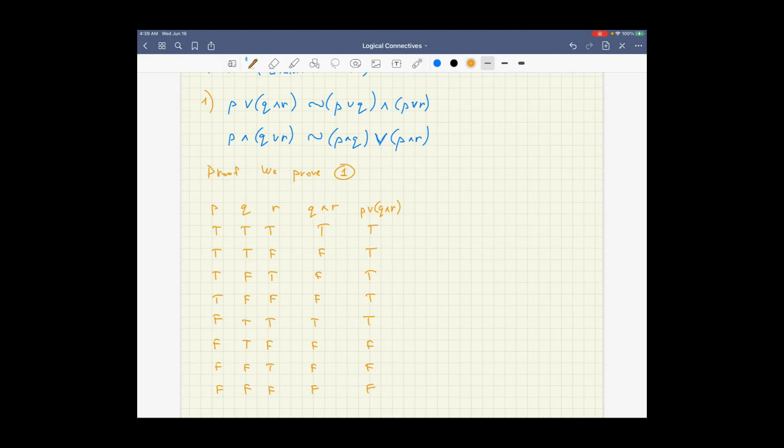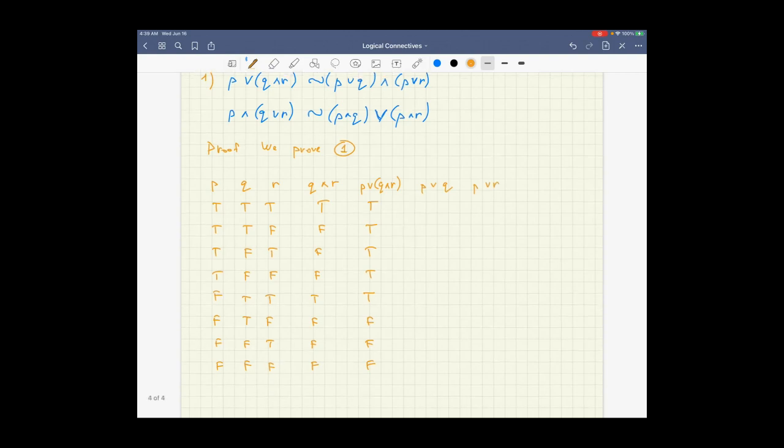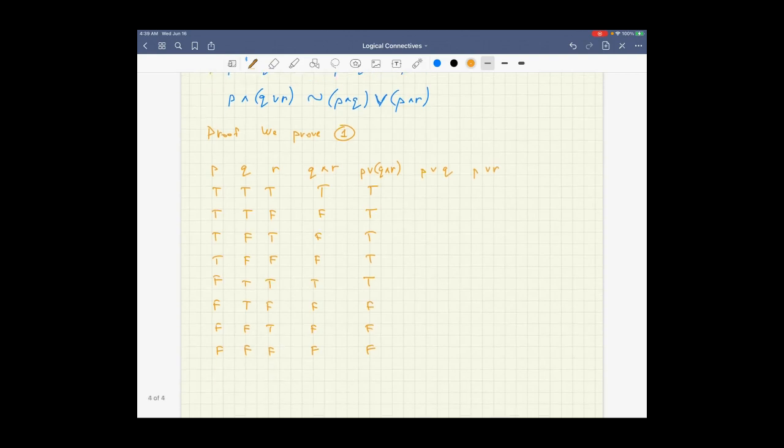Now let's consider the right-hand side. For the right-hand side, let's write down statements P or Q and P or R. Again, P or Q is true if and only if at least one of P and Q is true. So we have T's here, and F's here. P or R is true if and only if at least one of P or R is true.